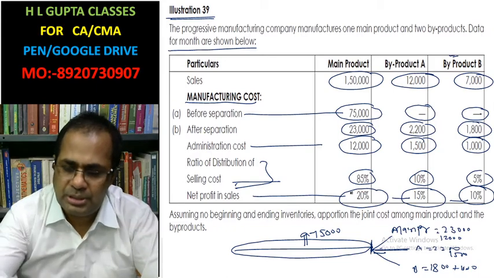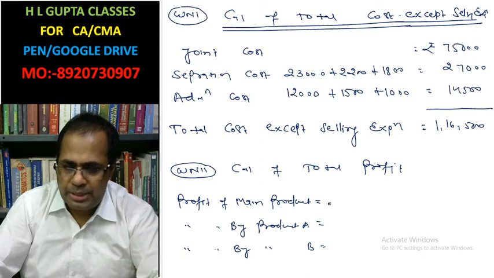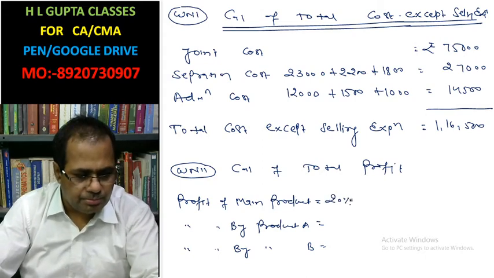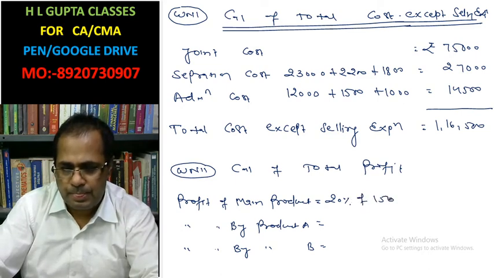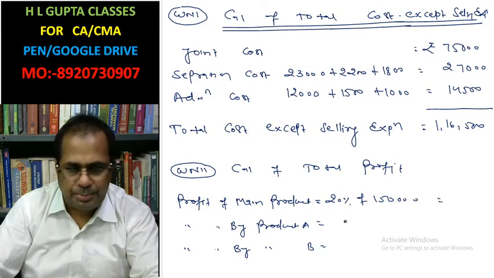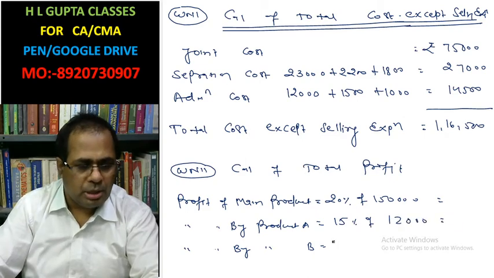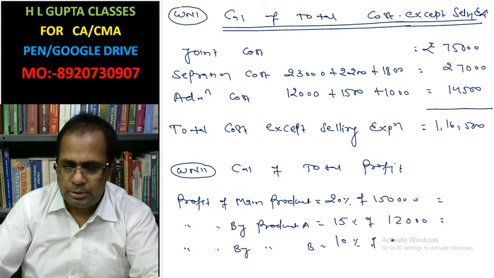So 20% of 1,50,000, 15% of 12,000, and 10% of 7,000.